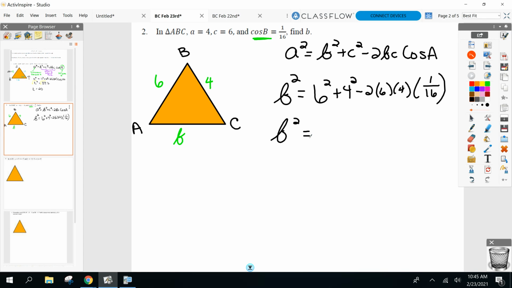Hopefully you guys get a beautiful number on your calculator that you like. 49, nice number.